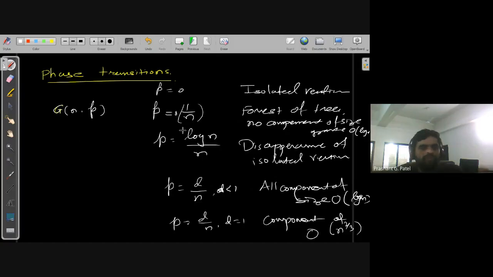So from one phase it changes to another phase. That is what we are interested to study. And what will be the definition of a threshold? We will discuss that here. And what is the definition of phase threshold and phase transition?